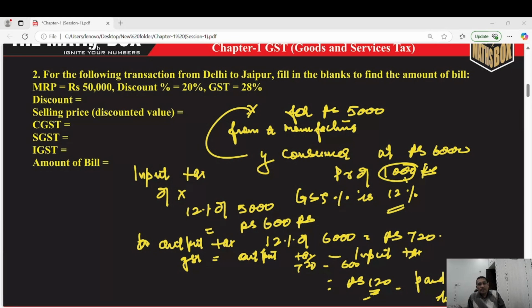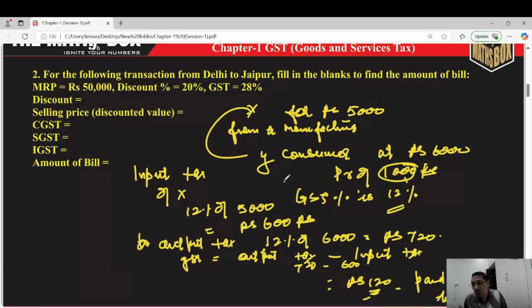Or calculate the input tax, 12% of the purchase value, and the output tax, 12% of the sale value. My input tax comes out to be rupees 600 and output tax rupees 720. Now find the difference of these two. I got the value as rupees 120. 120 is basically the tax for X to be paid to the government.